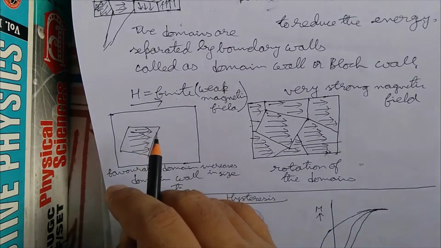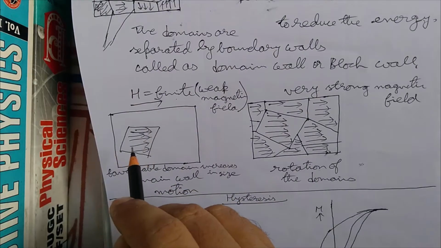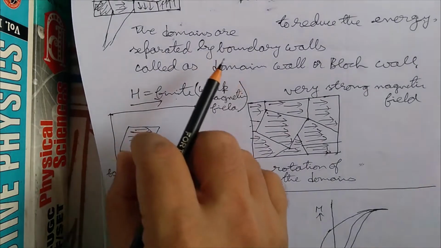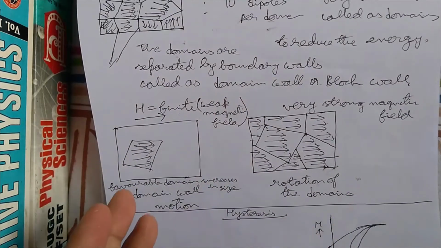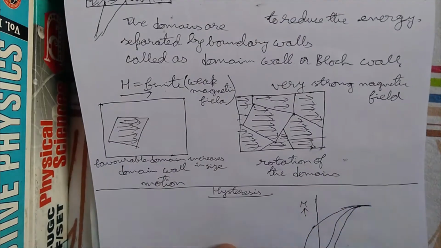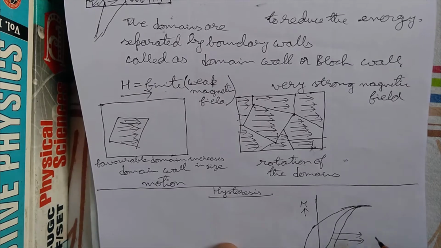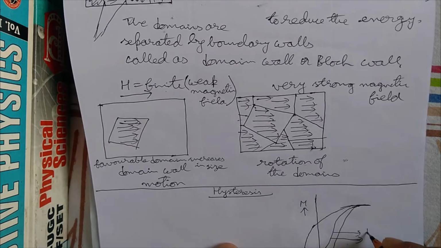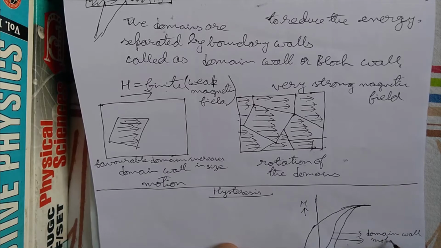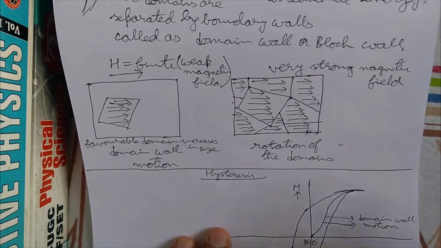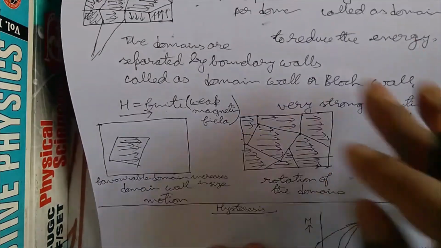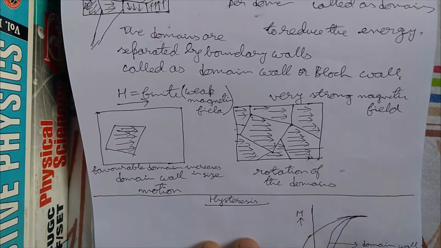The magnetic domain whose dipoles are in the direction of the magnetic field will gradually increase in size. That is domain wall motion. In this region there will be domain wall motion, and gradually the domains will increase in size.